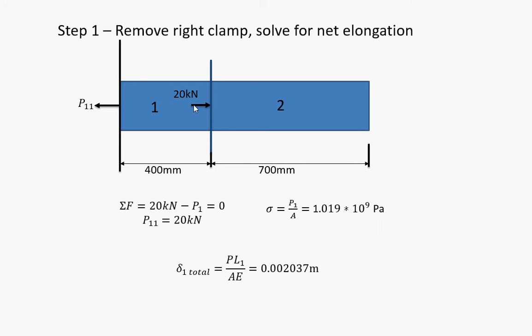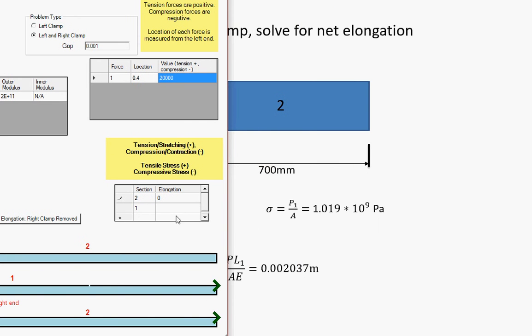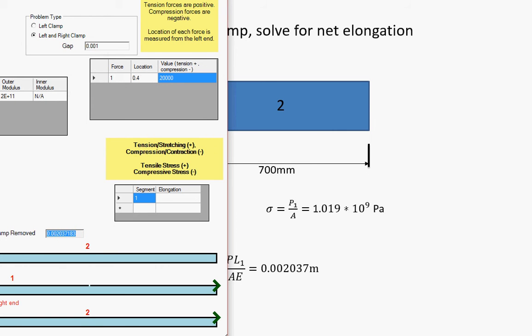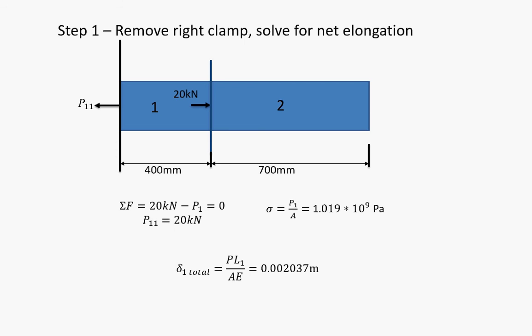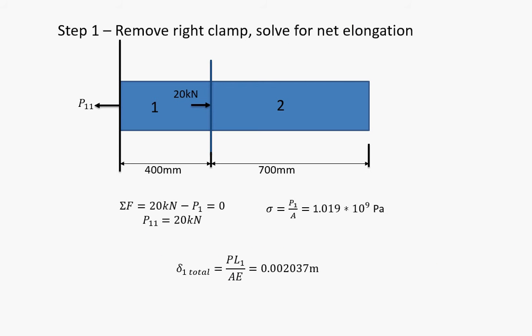In section 1, you have this 20 kilonewtons, the opposite reaction, and so on. Fairly easy. Let's put in that elongation. On to step 2, and just remember, it saves the different net elongations so that you can view them later.